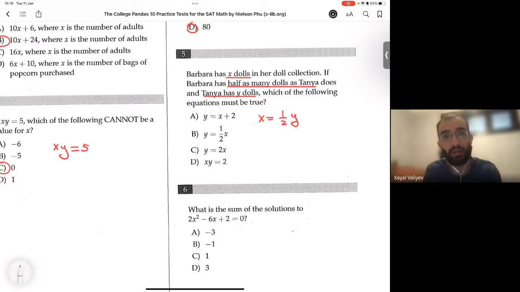Because it says Barbara has half as many as Tanya, but we don't know what Y is. Then X equals one over two Y, so Y equals 2x. That's the correct answer.